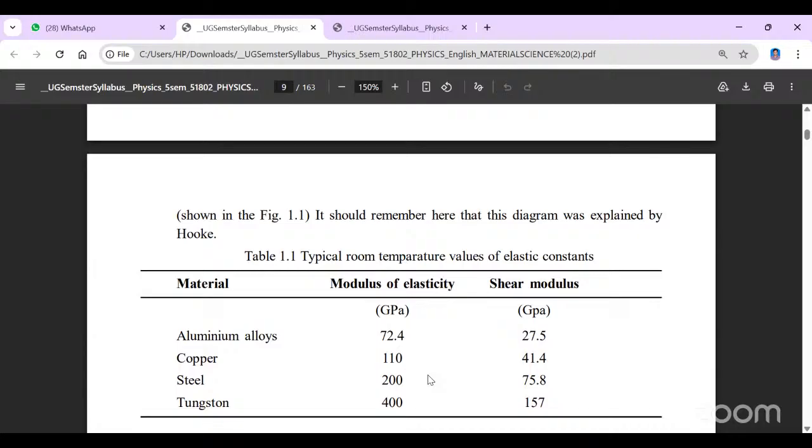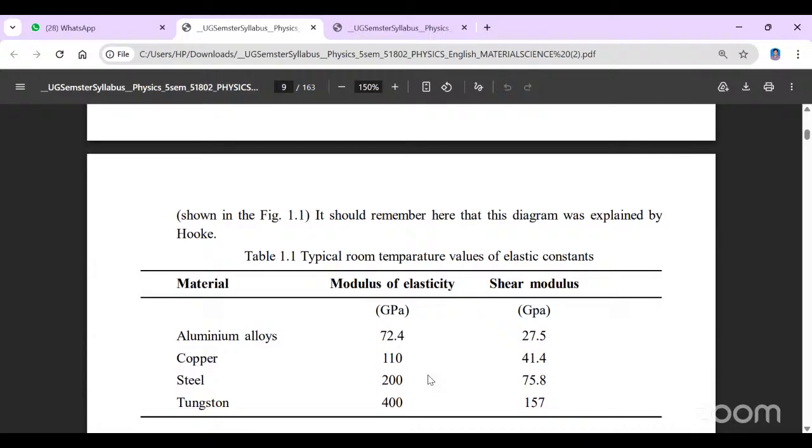Whereas aluminum has a lower modulus of elasticity and shear modulus. The Young's modulus is known as the modulus of elasticity, and it is related to the bonding strength between the atoms of metals or alloys.